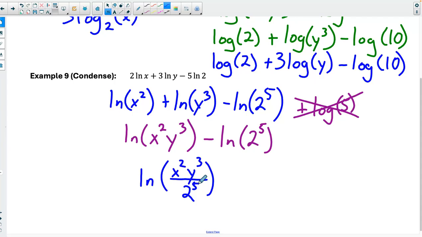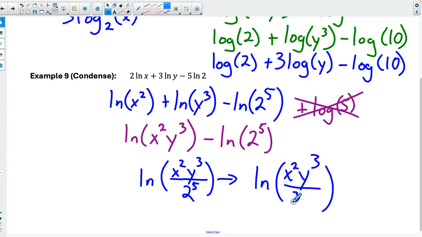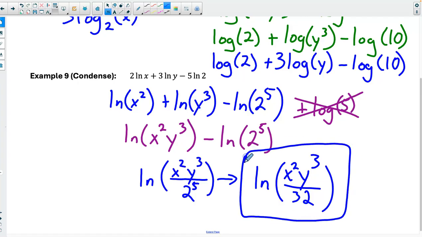Because it's negative, so it's going to the bottom. Either one would be fine for today, but this is ultimately the goal. If we know what 2 to the 5th is, we want to write it down.